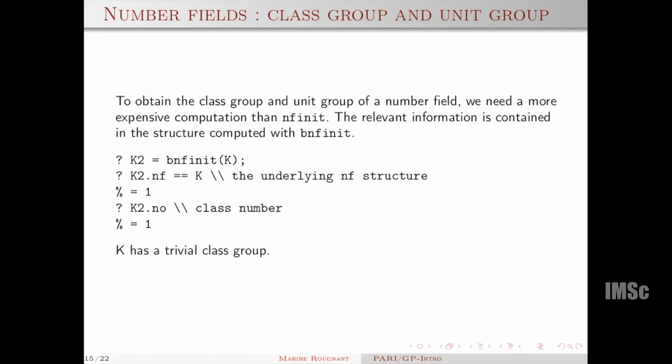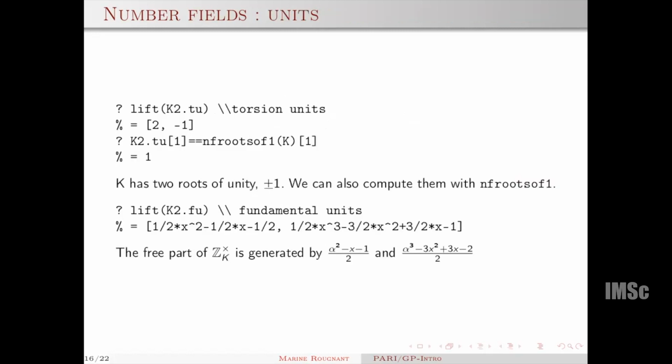After that, you can have a look at the class number of your number field, which is here 1. So this number field has a trivial class group. You can also have access to the torsion unit. Either you use TU, like torsion unit, or if you just want that term, you can use NF root of 1 of K, I mean root of 1.